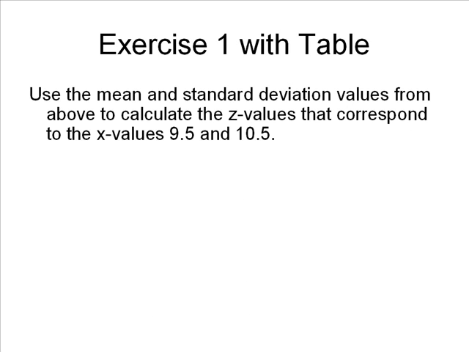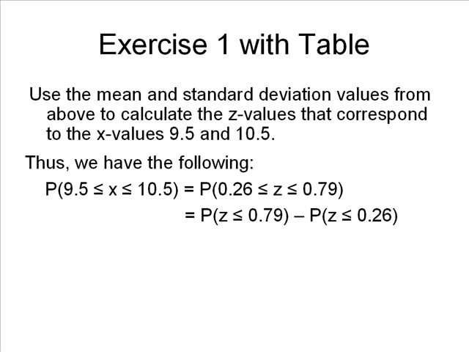Using the mean and standard deviation as we just calculated, we can find the z-values that correspond to 9.5 and 10.5. Plug those into the formula and find the corresponding z-values. You find those z-values for 9.5 to be 0.26 and for 10.5 to be 0.79.